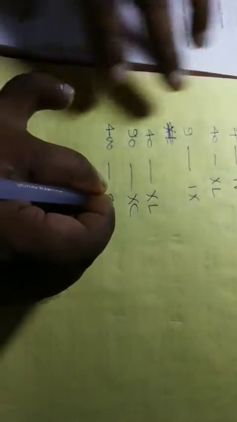C is subtracted from D and M only. If you write 400, it means CD. 900 means CM, because M is 1000 and C is 100, so 900. These are some examples. Now rule number 4.